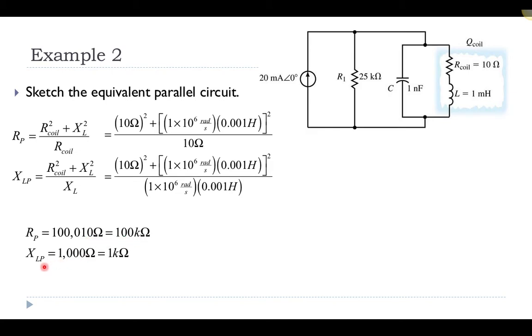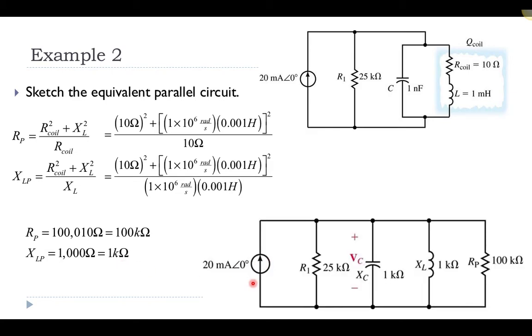And for the inductor, I get the inductive reactance is about 1,000 ohms or 1 kiloohm. So that means that my picture that I started with is equivalent to a parallel resistance of 100 kiloohms. It's in parallel with a reactance of 1 kiloohm.